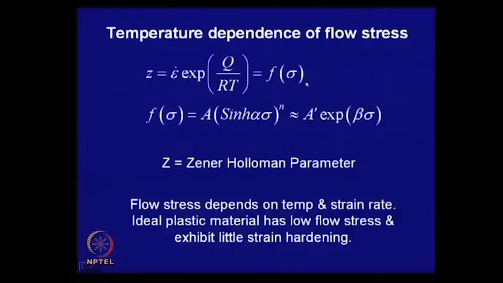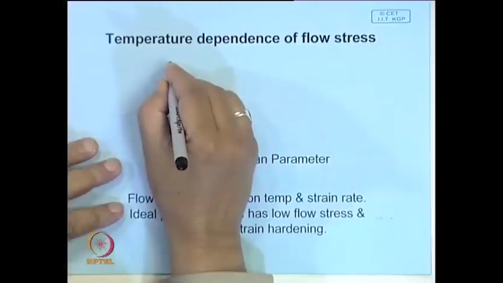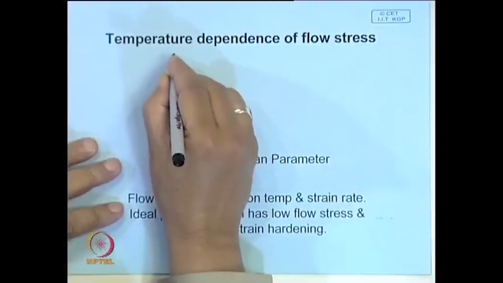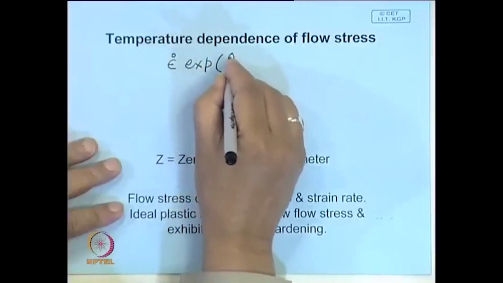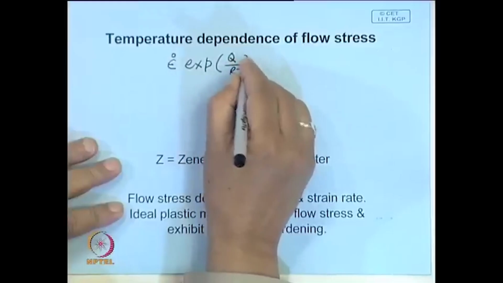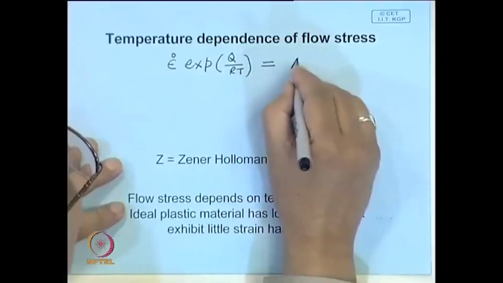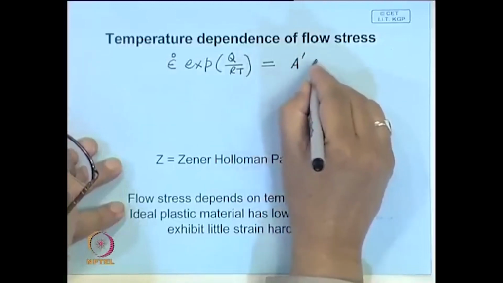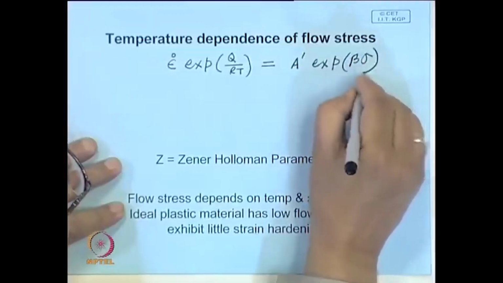Now, this is the expression. What is the nature of this function, the stress? Usually these are derived as follows: the Zener-Hollomon parameter is equal to the strain rate times exponential Q over RT, and this is equal to a function of stress, and we say that we take it as some function, exponential beta sigma.